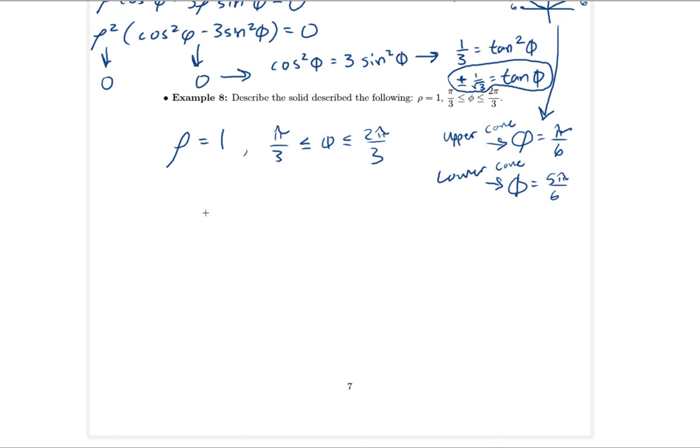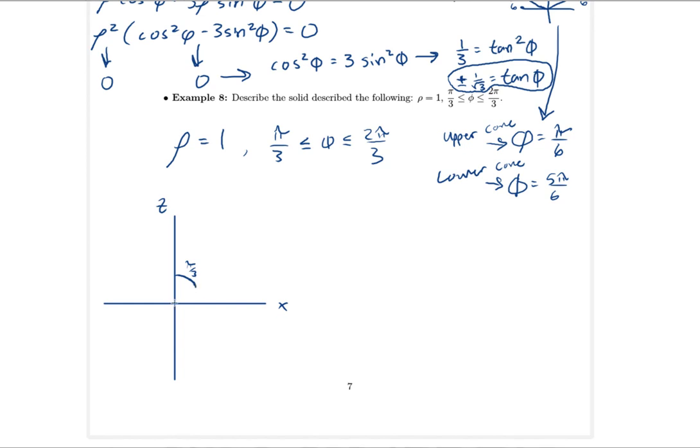So if I think of things in terms of, let's just say, the xz plane, so we'll call this x and we'll call this z, then, remember phi is measured from z, so we're talking about pi over 3 from the z-axis, right? So it's pi over 3 right here.